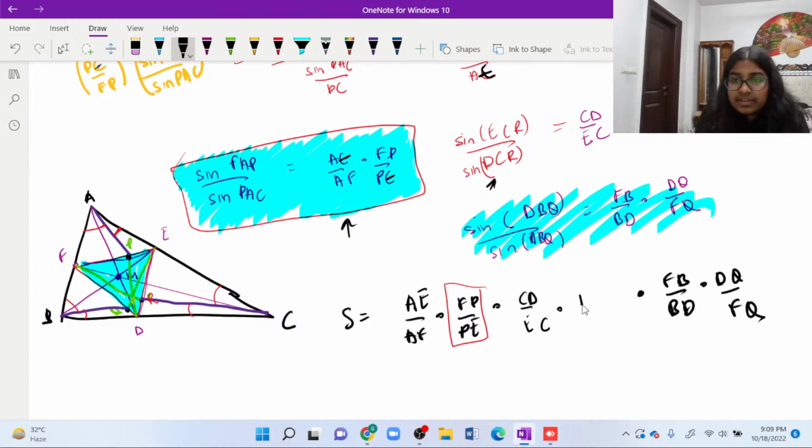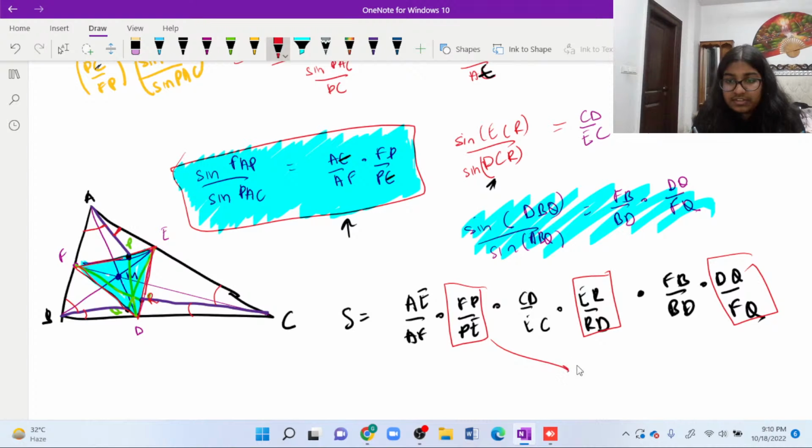So Ceva in DEF gives FP by EP times ER by DR, which is this fraction, times DQ by FQ, which is this fraction. Product of these three is 1.